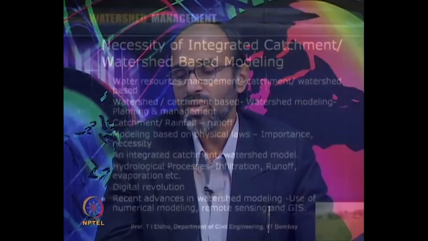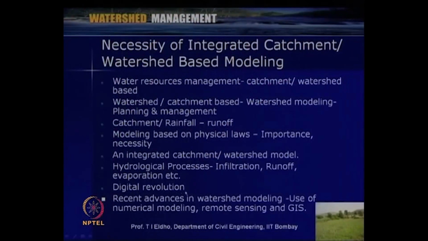As I mentioned, when we deal with these kinds of modeling, we have to deal with a huge data set. This data set needed for modeling we can obtain from geographical information systems or remote sensing, which we have discussed in the last few lectures.